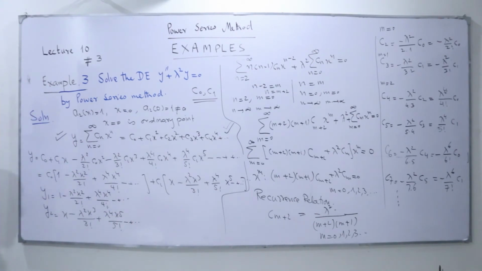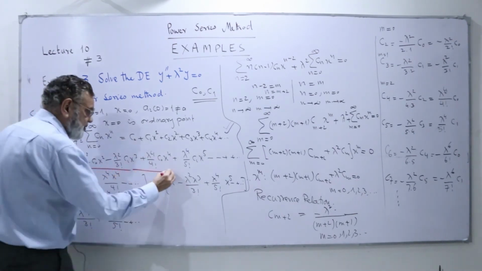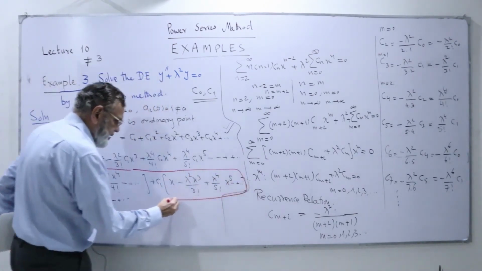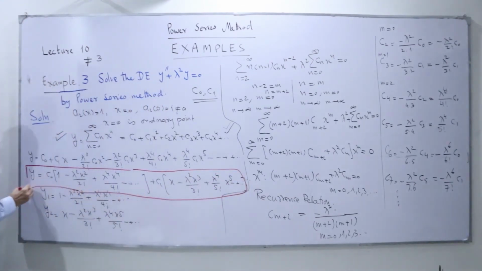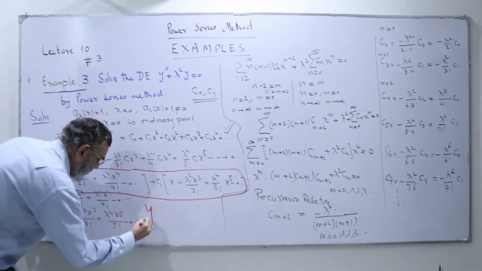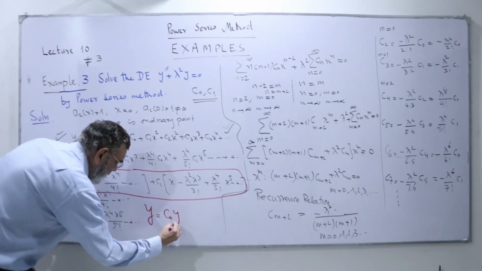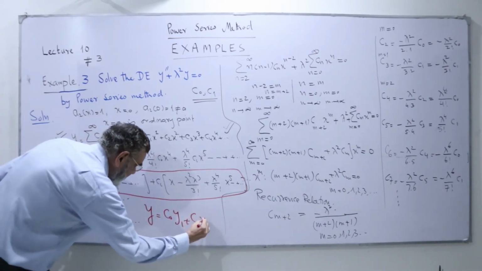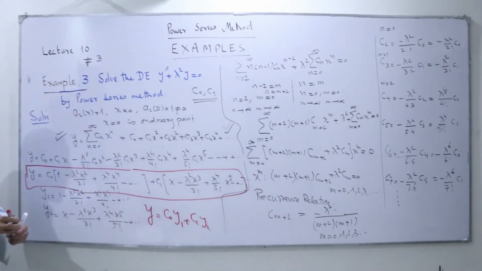So this is my series solution for the given differential equation in terms of two functions. We have here C0 and y1, and here is our general solution. We have two arbitrary constants, C0 and C1, and here just written y is equal to C0 y1 plus C1 y2.